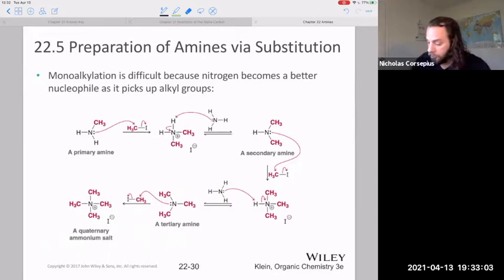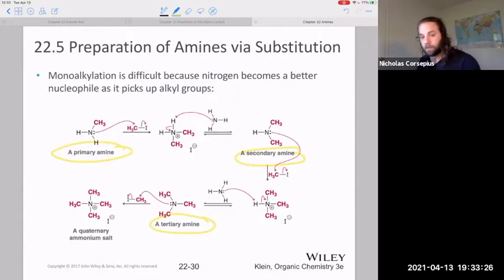And the problem is that this tertiary amine is actually a better nucleophile than the secondary amine, which was a better nucleophile than the primary amine, which was better than ammonia. So as soon as you sort of kick these things off, it gets impossible to stop. You'll always go all the way to that quaternary ammonium salt. We'll find a use for that at the end of the chapter, but yeah, that's the one limitation in terms of this method of trying to alkylate an amine.